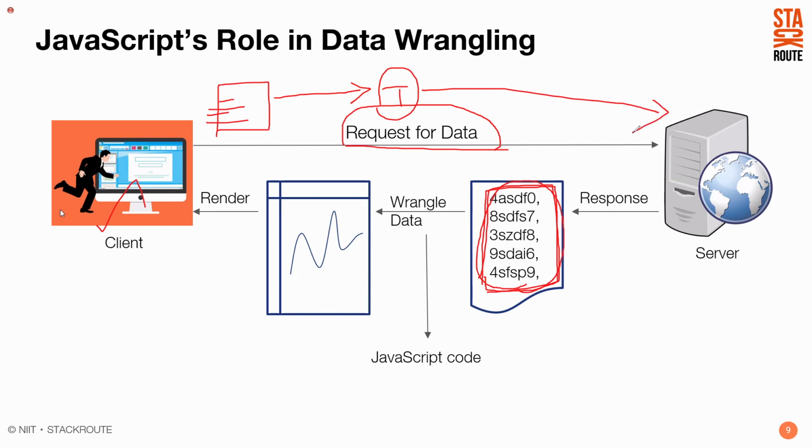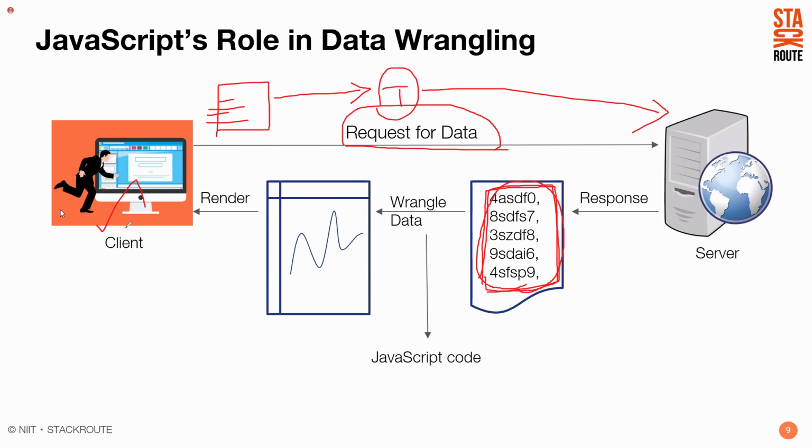So my JavaScript interacts with the server, fetches the data, and does the wrangling process. My JavaScript also interacts because it serves both client-side scripting and server-side scripting code. My server may give the data in one format, but the requirement of the client is a different format.